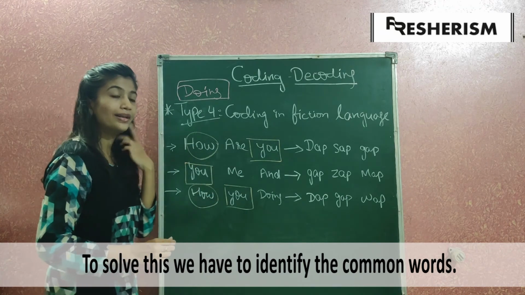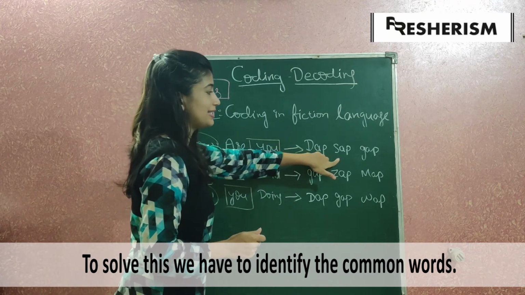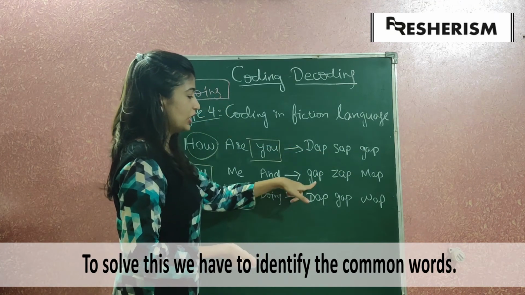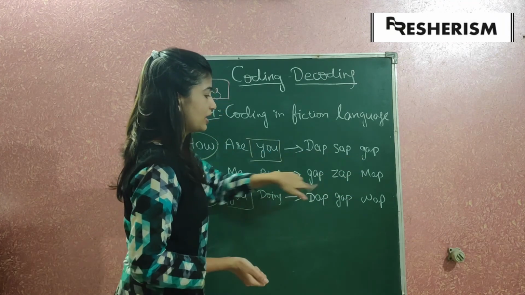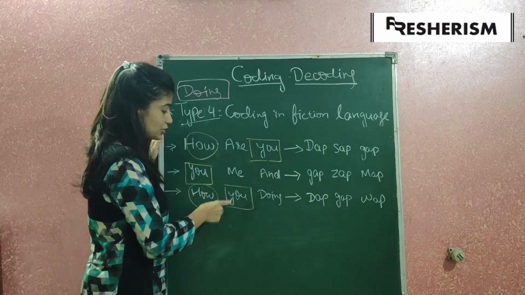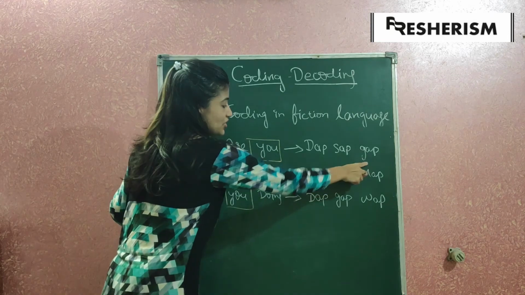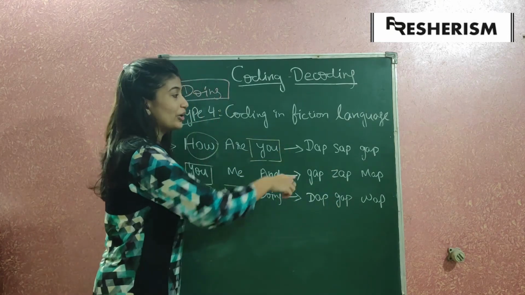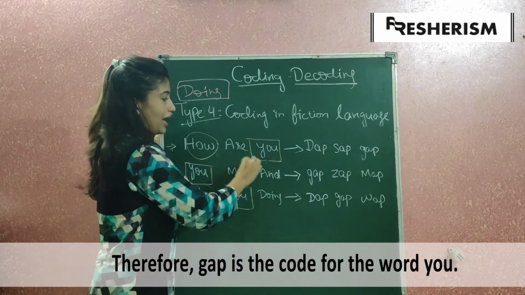Let's check with the code. So DAP, SAP, GAP. Here GAP, ZAP, MAP. That means the matching is GAP. Here also GAP. That means you was common in all of the three sentences. Same way GAP is also common in all of the three codes. So here for you I have put a square.